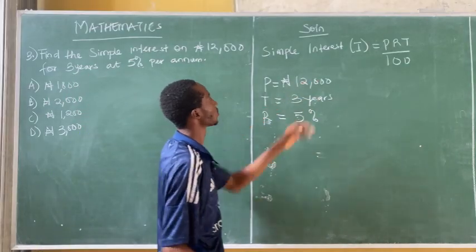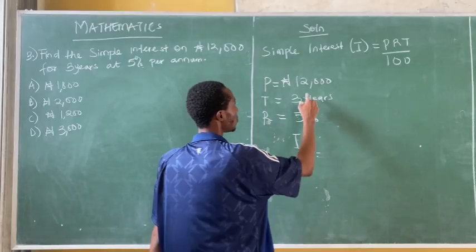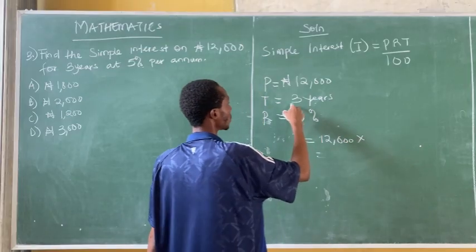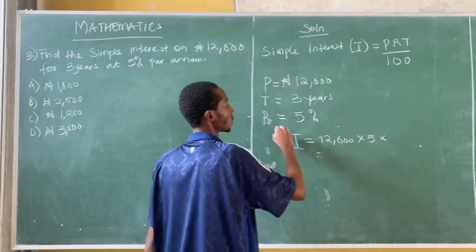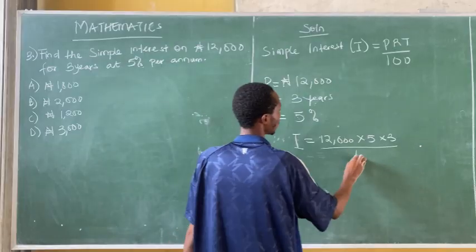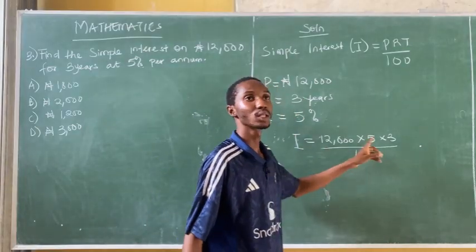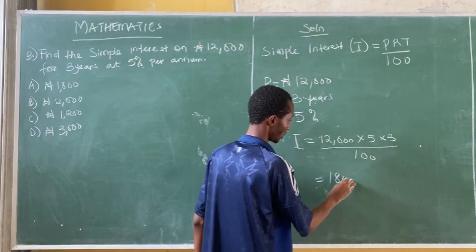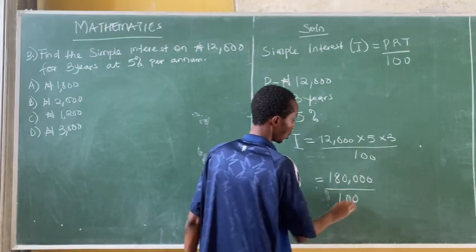Let's substitute this into this equation. We have I is equal to PRT over 100, where P is 12,000 times our rate, 5%, times the time we have, 3, all divided by 100. 12,000 times 5 times 3 will give us 180,000 divided by 100.